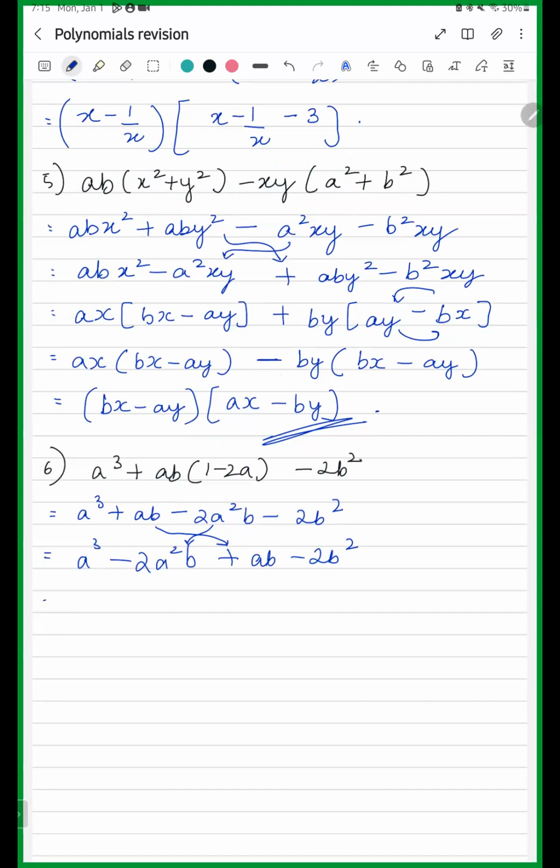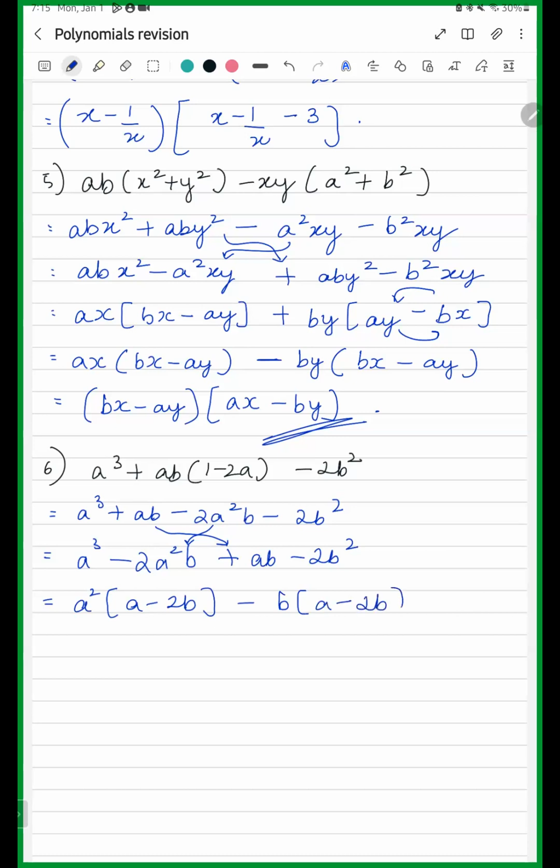So this is equal to, now from here you can take a square as common, right? So a square into a minus 2b, plus here you can take b as common, b into a minus 2b.